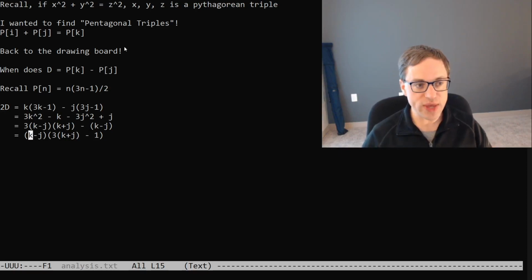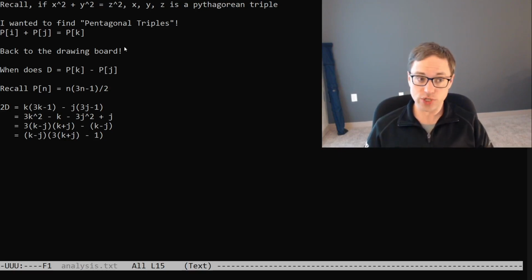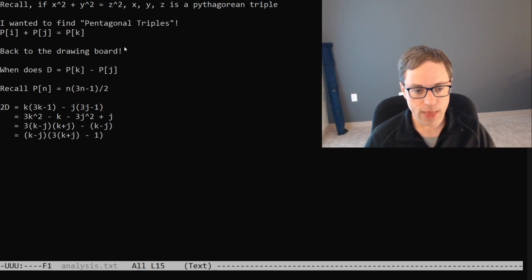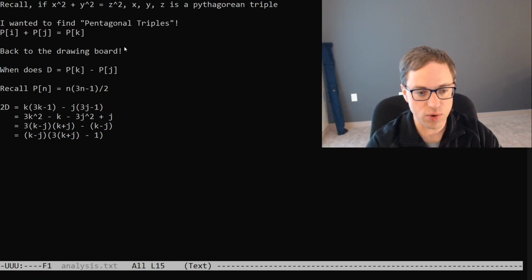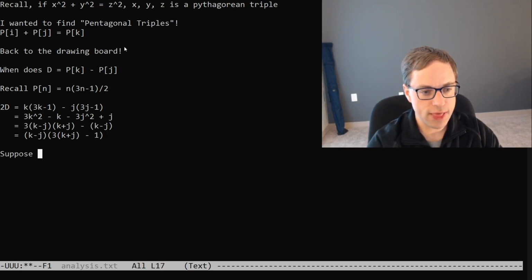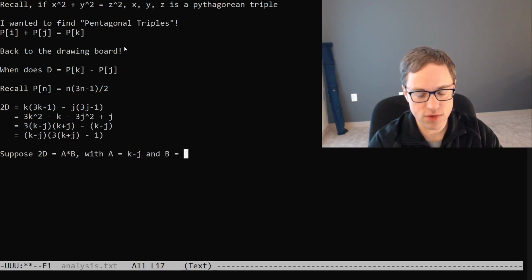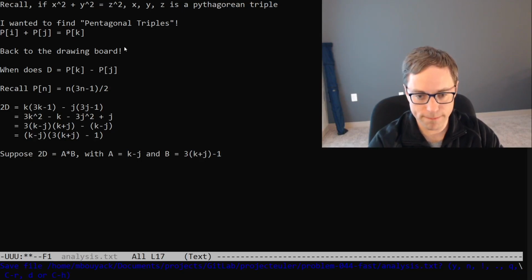So now that we have some amount of confidence that this algorithm is going to be actually an improvement, let's continue with our analysis. So suppose 2d is equal to a times b, with a equal to k minus j, and b equal to 3k plus j minus 1.